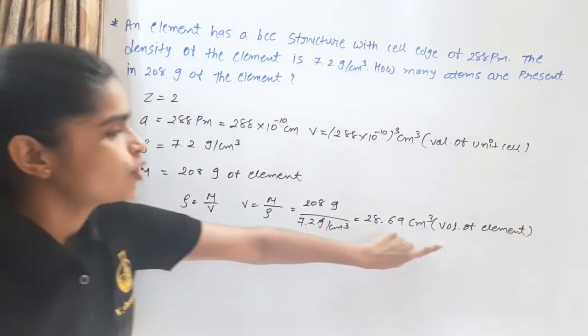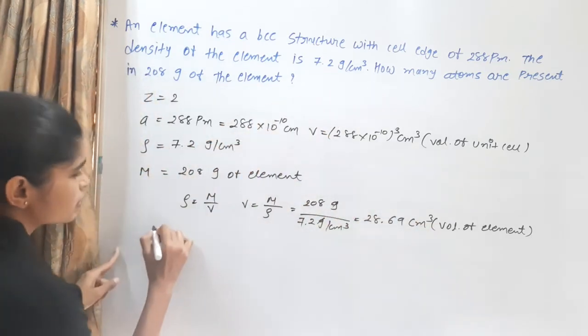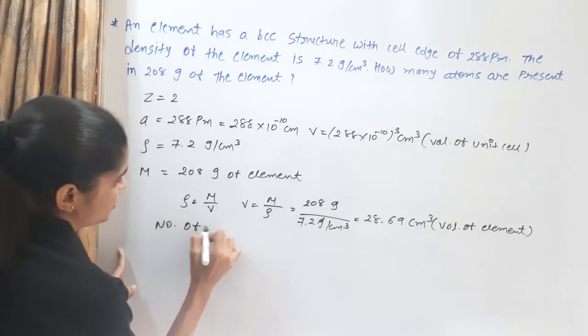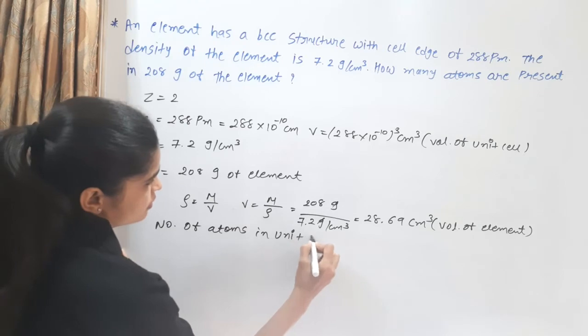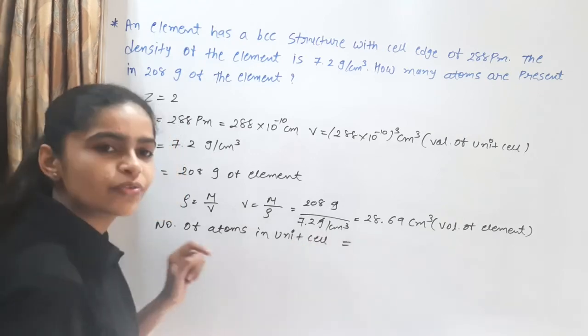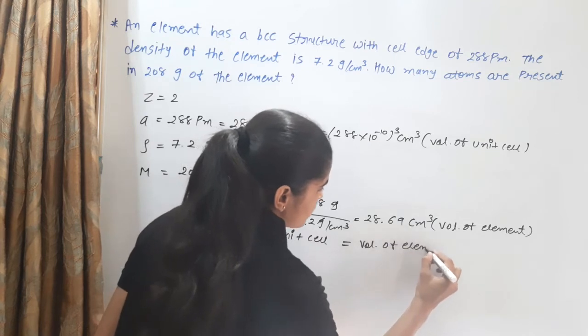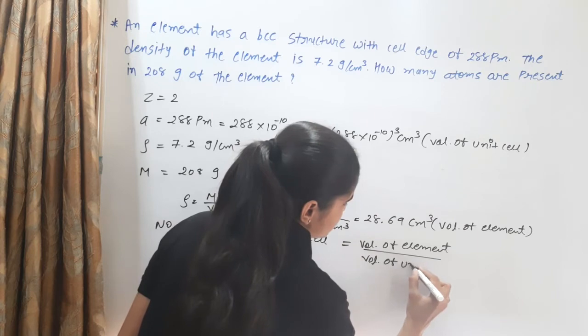Then the volume of element V. We know about how many atoms. So the number of atoms in a unit cell is equal to the volume of element upon the volume of unit cell.